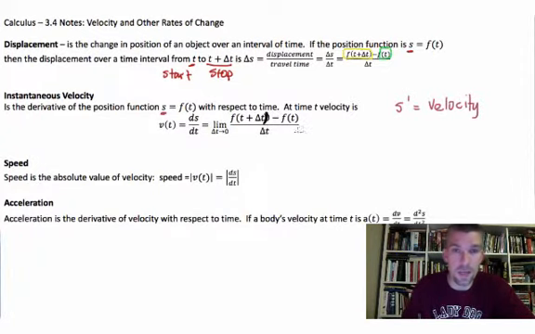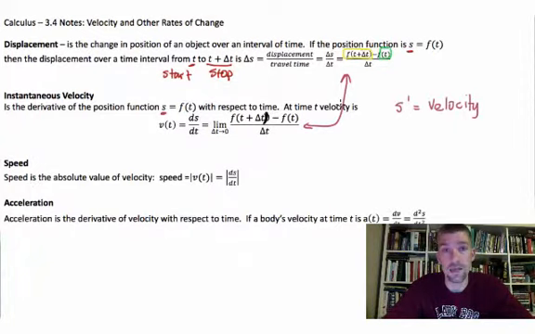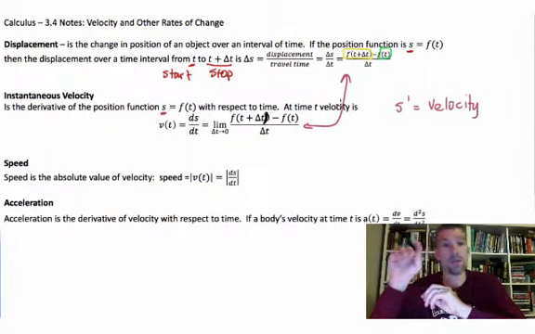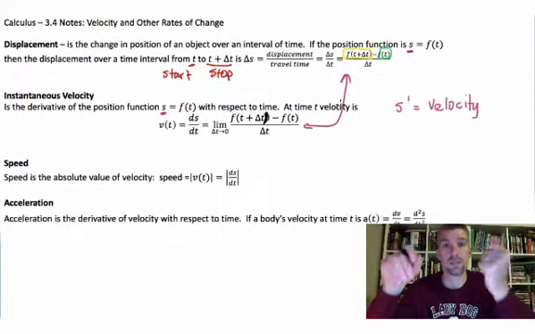And oh, by the way, this guy right here looks an awful lot like this guy up here, just no limit. Okay, so we've worked with both of these several times. So anytime we want to know the instantaneous velocity of anything at a specific time, just take the derivative of the position function. When you take the derivative of the position function, you've got that instantaneous speed.